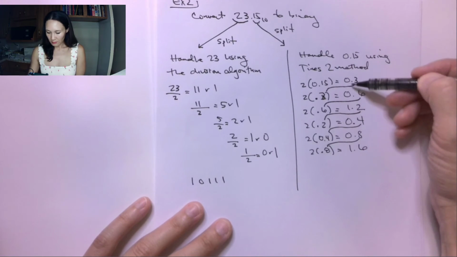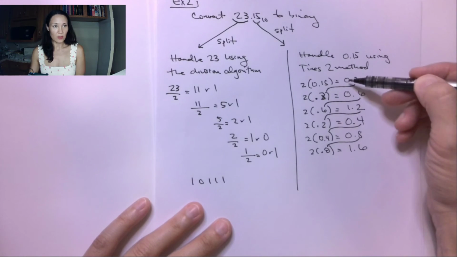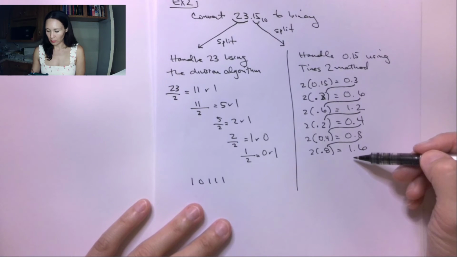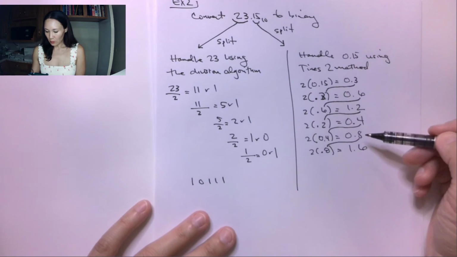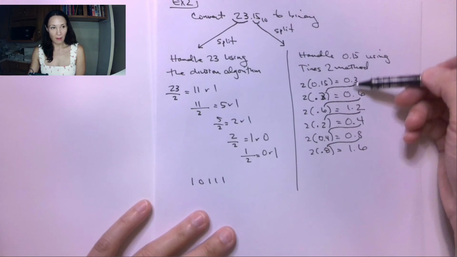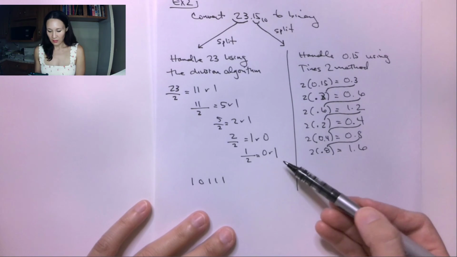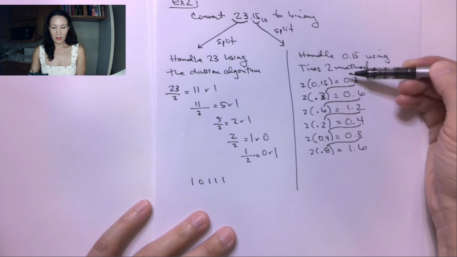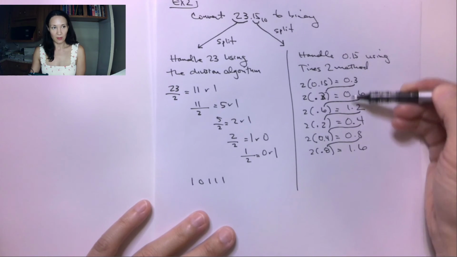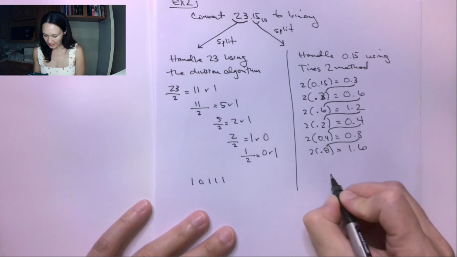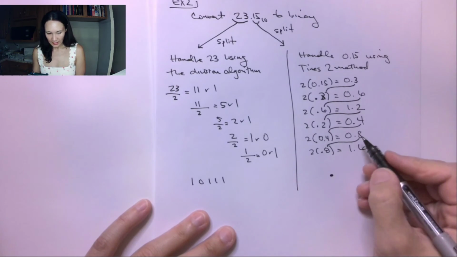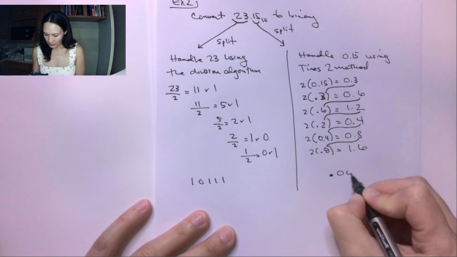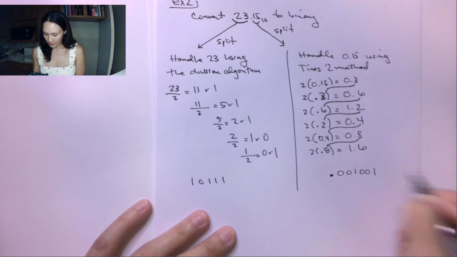Now this column of 0 and 1 results to the left of the decimal point, I collect from top to bottom. In this method we collect the whole number results from top to bottom, whereas in the other method we collect the remainders from bottom to top. So I put my decimal point, then I get 0, 0, 1, 0, 0, 1.